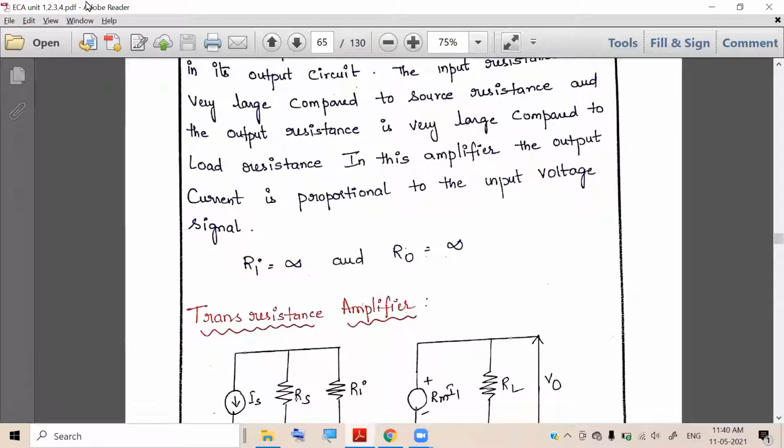For an amplifier we also talk output by input. So resistance is voltage by current; output by input means output is voltage, input is current. So tell me, what is the input and what is the output for a transresistance amplifier?